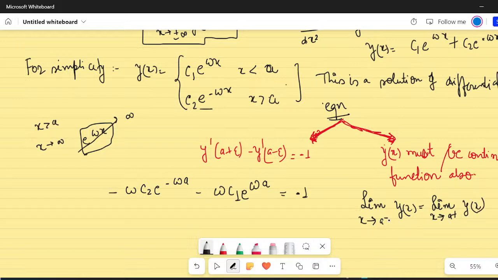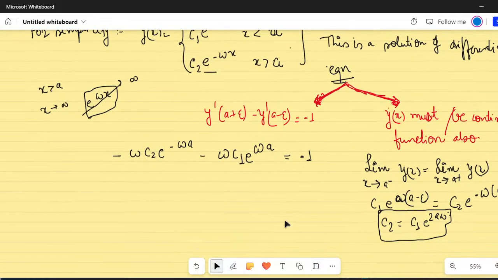So if I'm writing a minus, that implies for all x less than a, this is c1 e to power omega a is equal to c2 e to power minus omega a. And from here I can write that C2 is equal to C1 times e to the power 2a omega. This is very much clear.